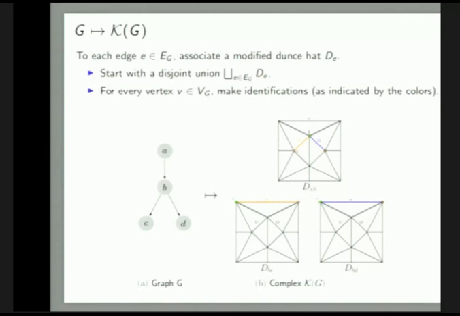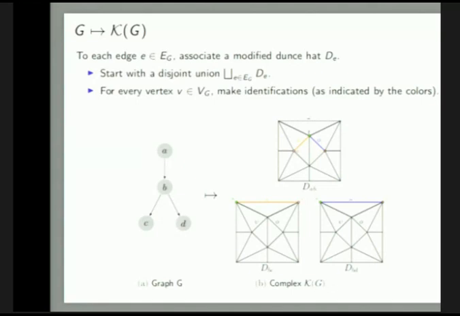So remember, for every edge you have one modified dunce hat, and the rules of identifications are per vertex. So for every vertex v in V(G), let's say you're looking at B here, you make identifications as indicated by colors.